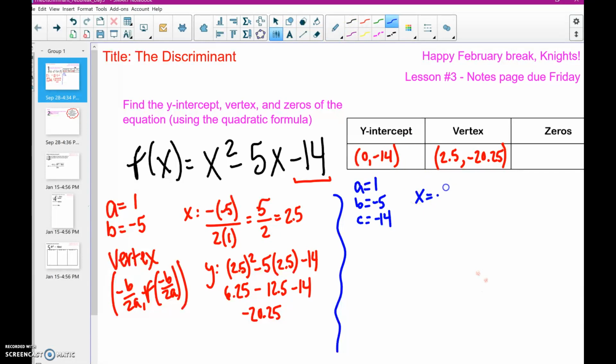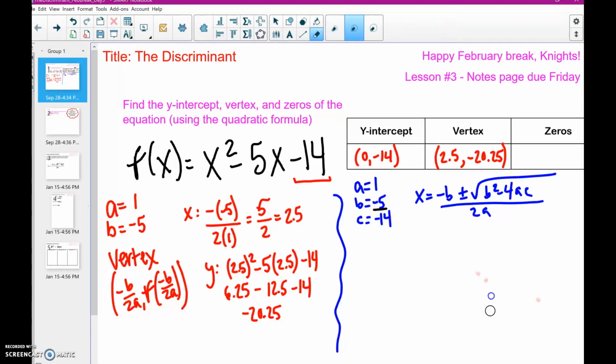So we've got x is equal to negative b plus or minus the square root of b squared minus 4ac all over 2a. Plugging in our numbers, we have a negative b. Remember, our b is already negative, so that doesn't make a difference with anything. Just remembering that if it's a negative b, then we need to know that's going to be positive in the end.